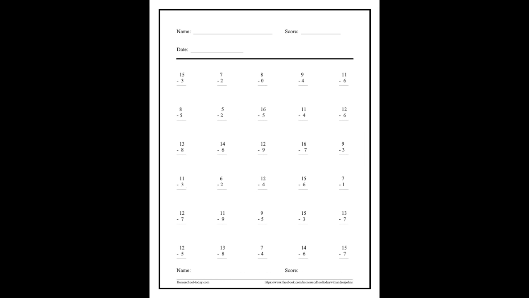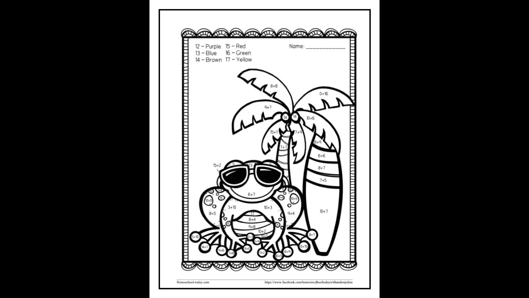We have a subtraction sheet that will cover basic 2-digit numbers at the top and single digit on the bottom, so it's still basic subtraction. And the next sheet is a color by number. The kids have to add up the numbers, for instance, 9 plus 7, and they will get 16, and they would know to color the leaf green because it has a number 16 on it.